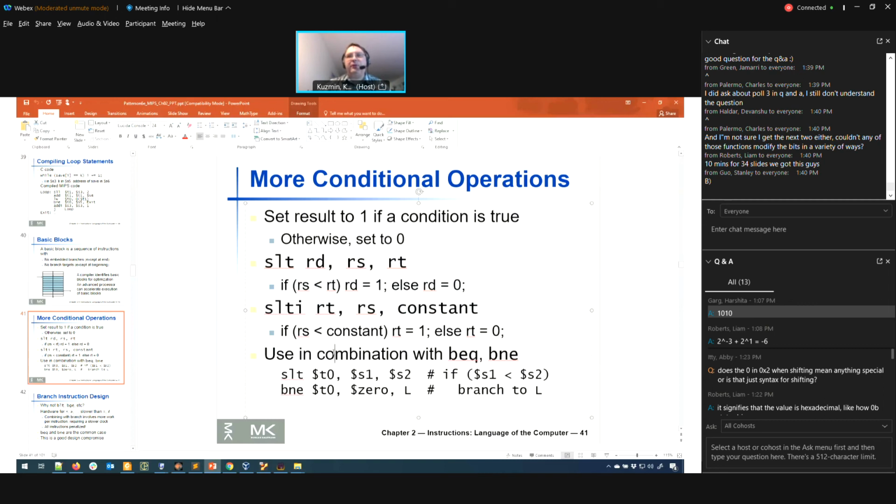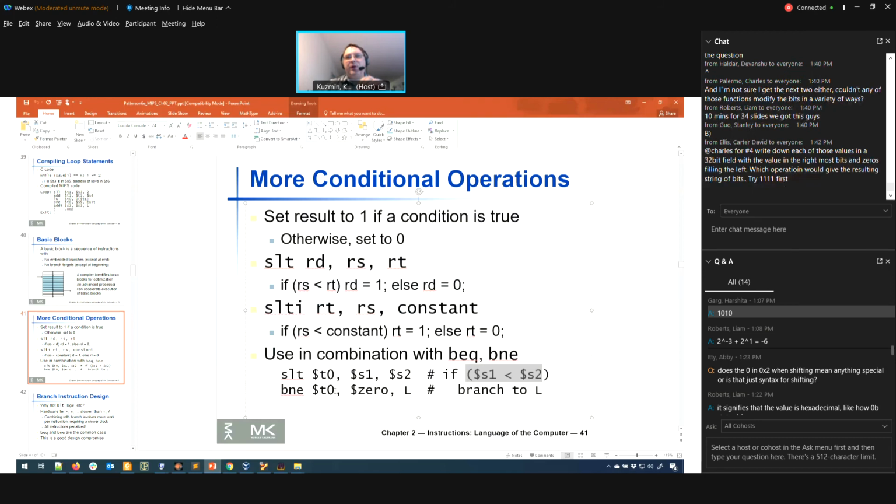The way it works, if S1 is less than S2, then T0 will be set to 1. So when you execute the following instruction, BNE, you compare T0 with 0. But you know that if S1 was less than S2, T0 would be 1. 1 is not equal to 0. So you will go to this label L if S1 is less than S2, because T0 in this case would be 1, and we jump to L.